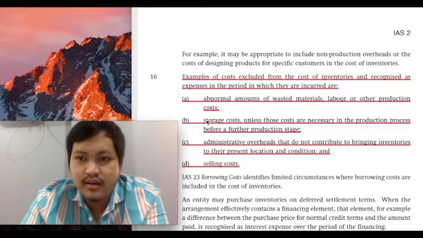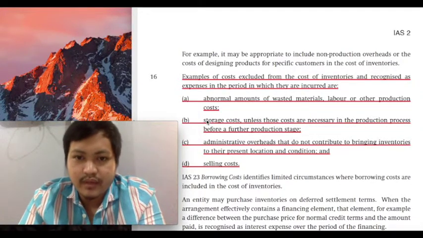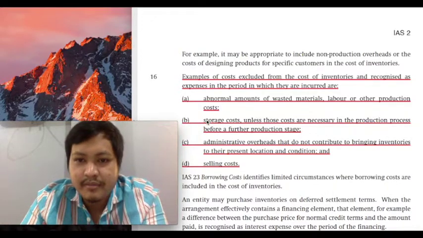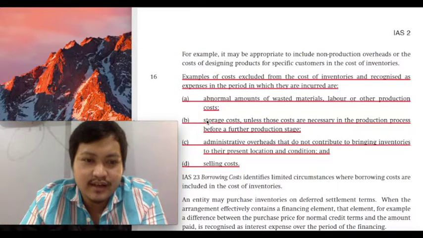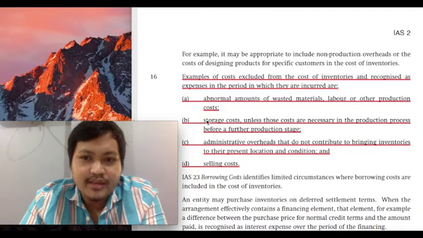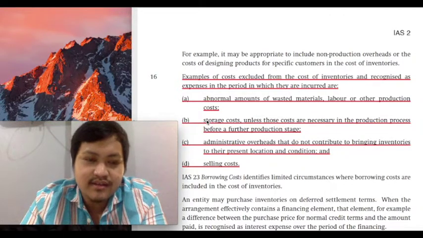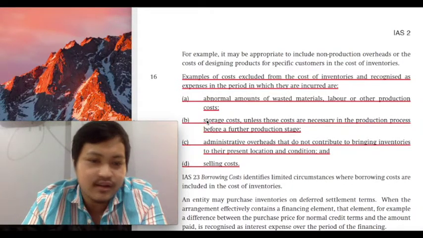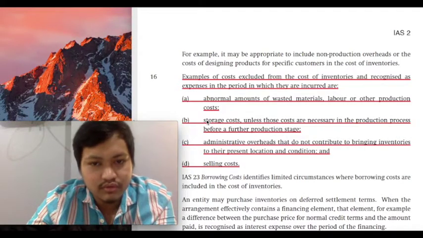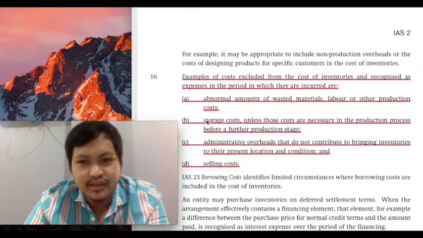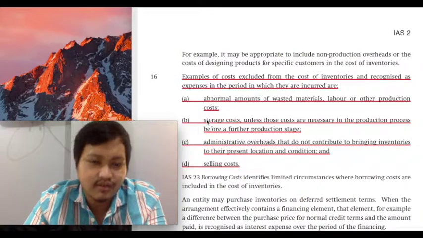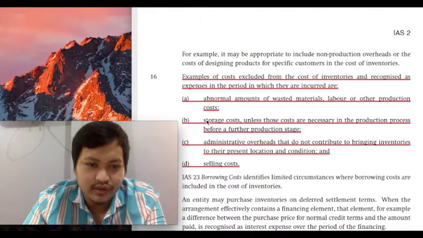Okay, so letter A here is abnormal amounts of wasted materials. So of course, class, wastage is not necessary to bring the asset to its intended use, location, and condition. Is it necessary for you to make abnormal wastages and shortages, class? The answer is no. So this should not be part of our inventoriable cost.